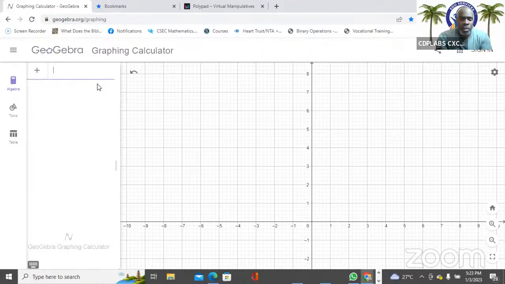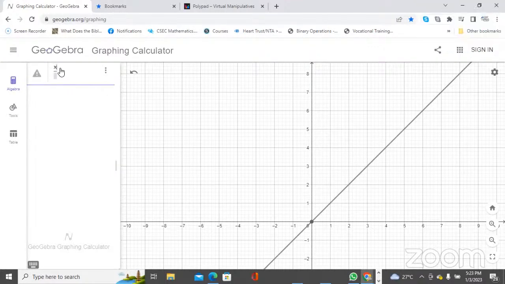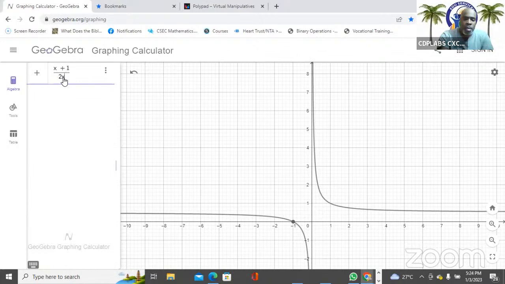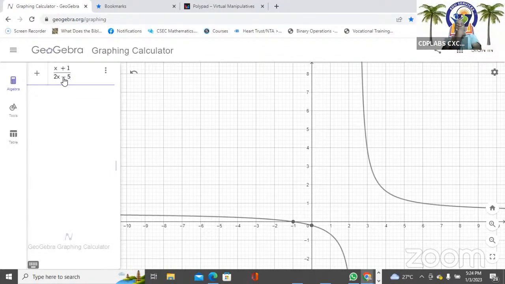Maybe we should put x plus 1 on top, and that's all divided by 2x minus 5. See how the graph looks like? Yes, sir. So that is the graph.